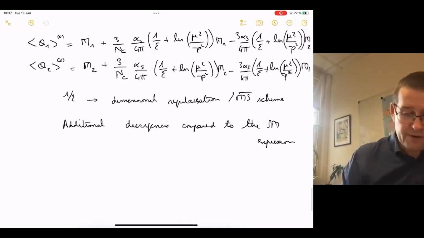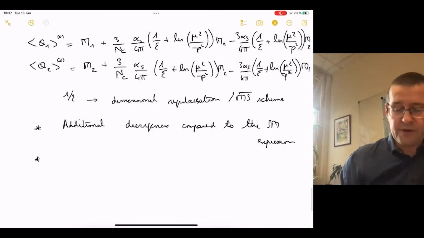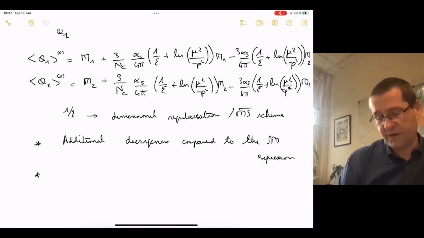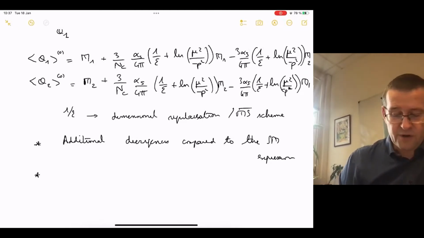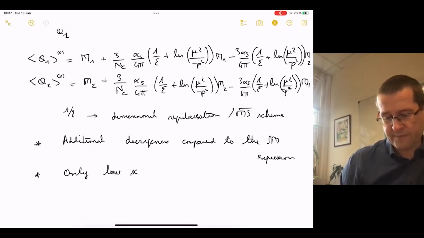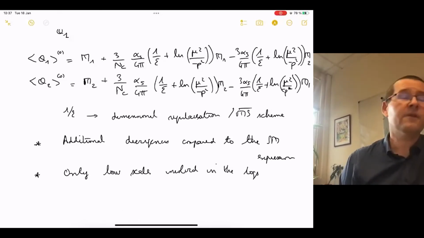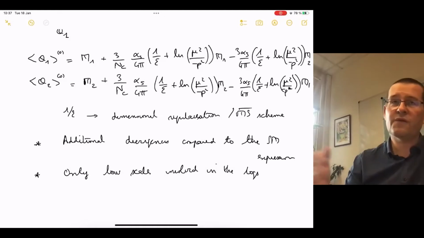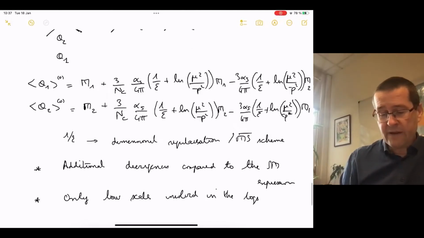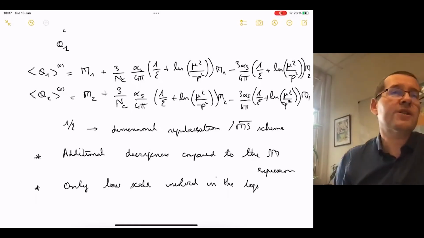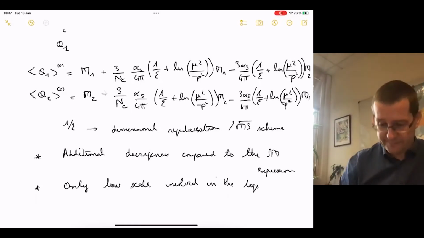That's one point. The second point is that, contrary to what you had before, and once again it's not a surprise, you've got only low scales involved in the logs. We've got this p squared, which is just an infrared regulator, and then mu squared, which is, in our mind at least, the separation between what we have at low and high energies.